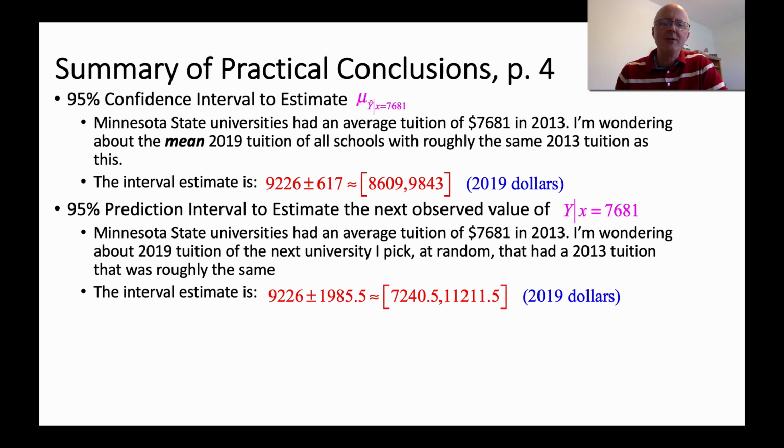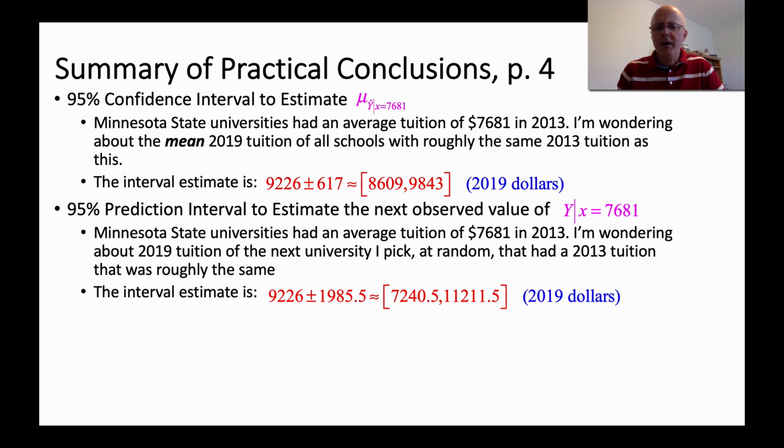Again, I'm wondering about the 2019 tuition for the next university that I pick from the wider population at random that had a 2013 tuition that was roughly the same as 7681, again, maybe from about 7650 to 7710 or something like that. This interval estimate is what we get. It's bigger than the interval estimate for the confidence interval to estimate the mean, as you would expect, because the mean has less variability than individual outcomes.